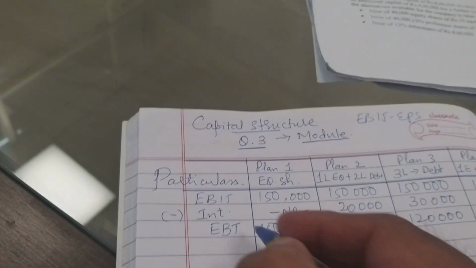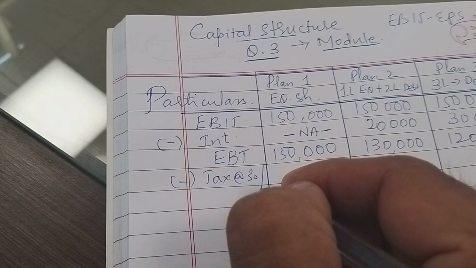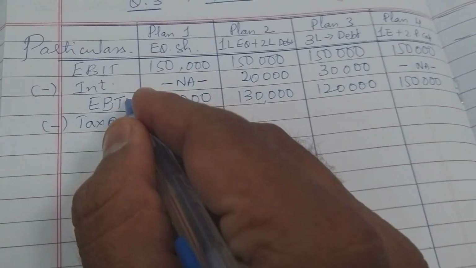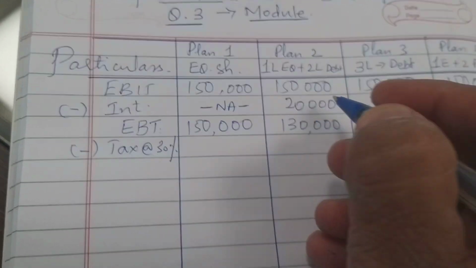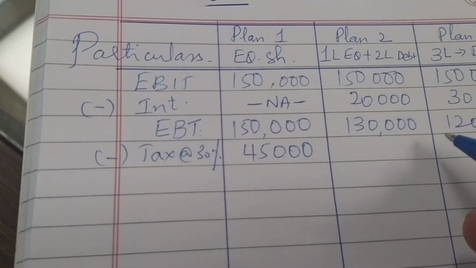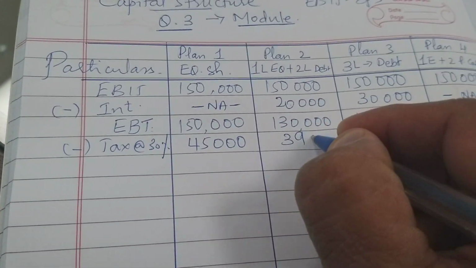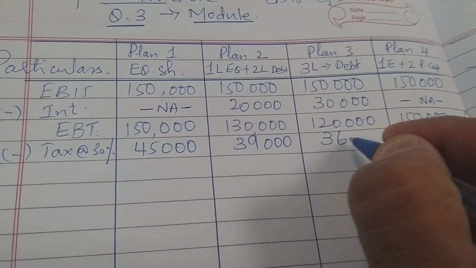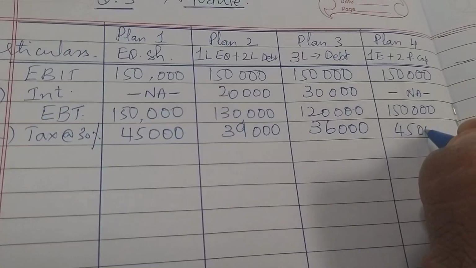The question says the tax is 30%, and that is 30% of the EBT. So 30% of 1,50,000 is 45,000, 30% of 1,30,000 is 39,000, 30% of 1,20,000 is 36,000, and again the same 45,000 comes over here.